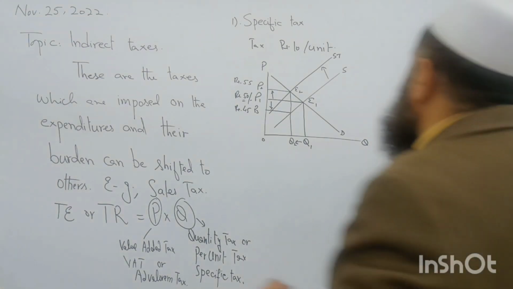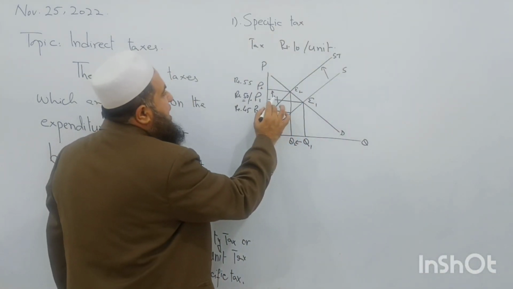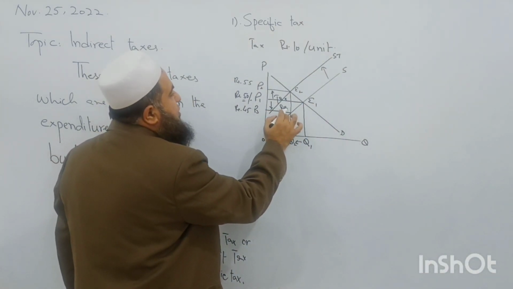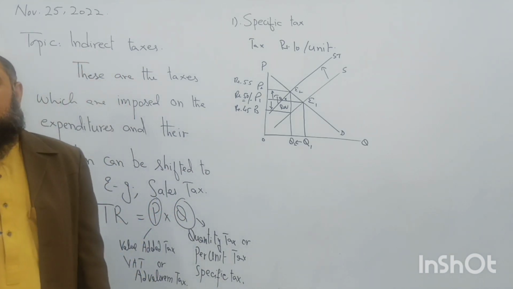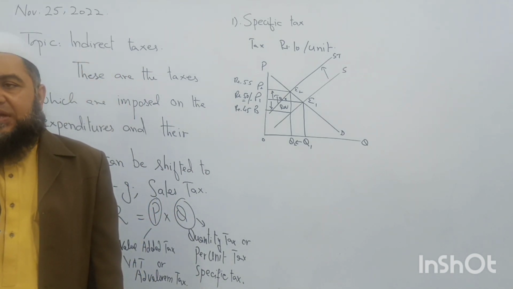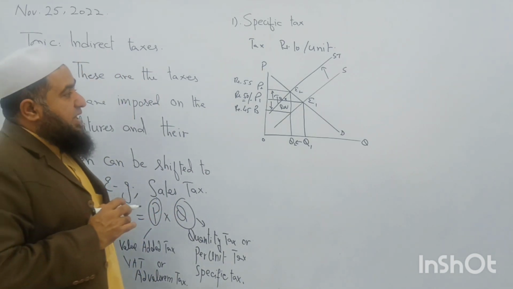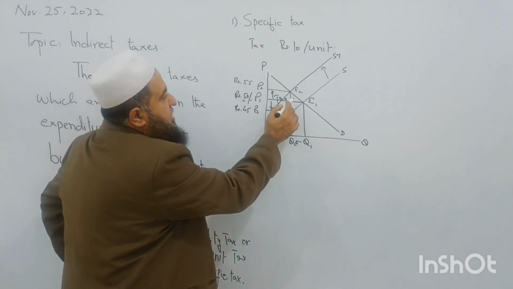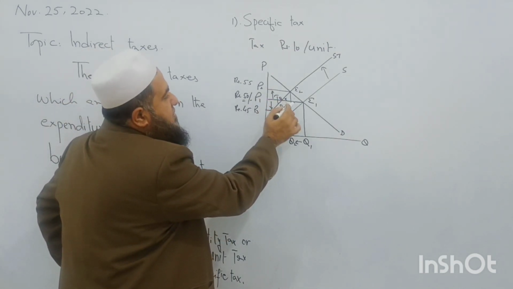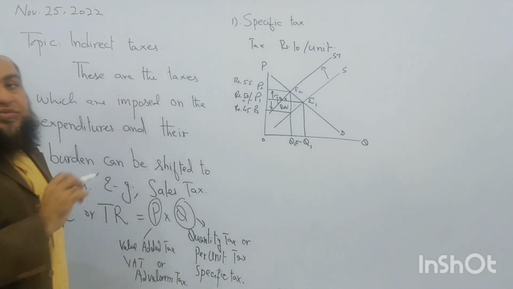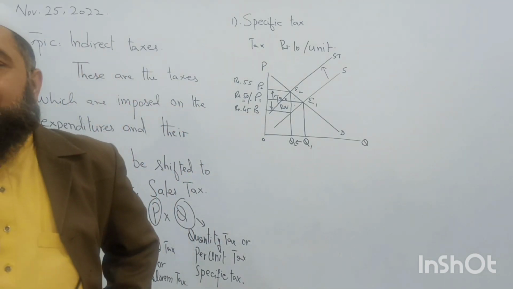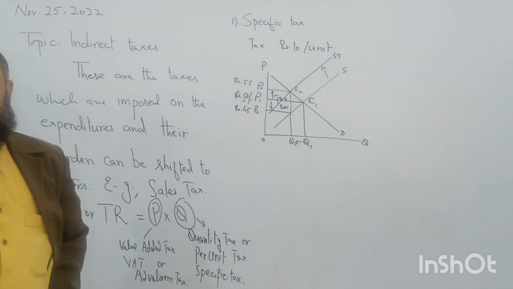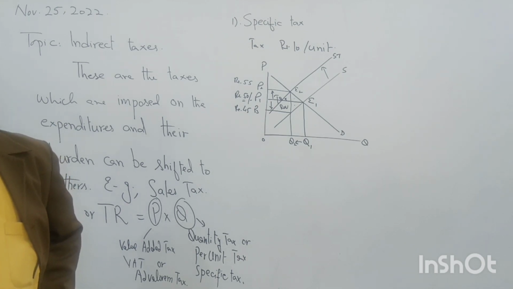So these two rectangles are showing us the tax revenue of the government when tax is imposed. Now what are these two triangles? Do you know what they are about? We studied consumer and producer surpluses.